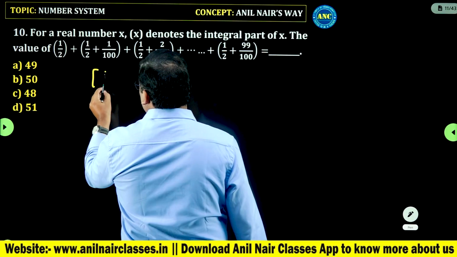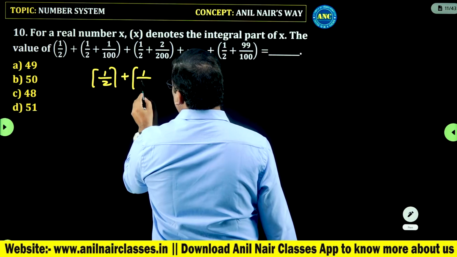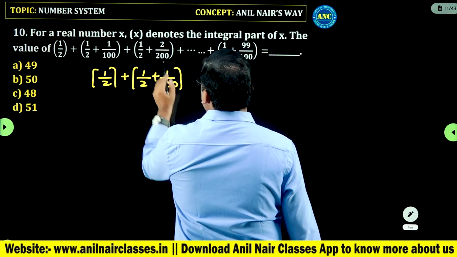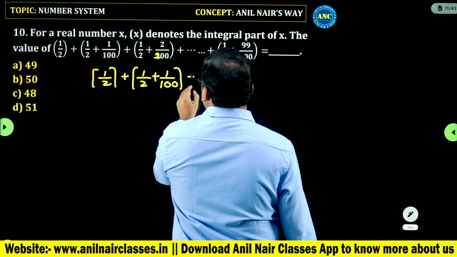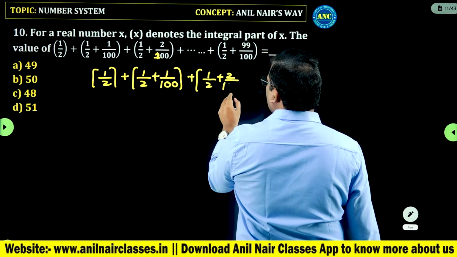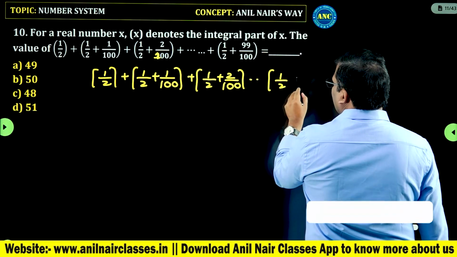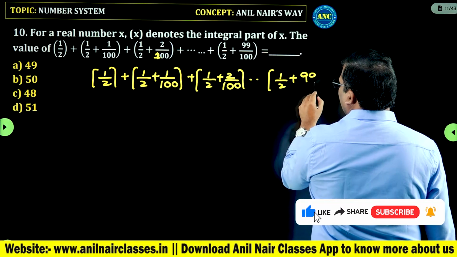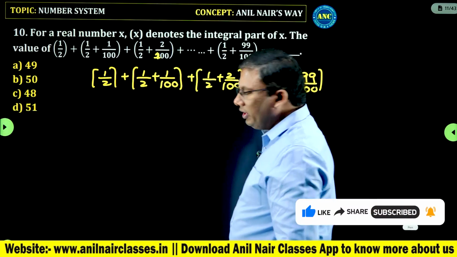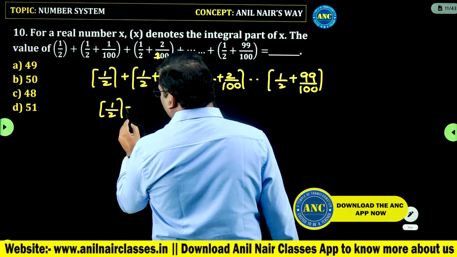Now, if you see, these are 1 by 2 plus 1 by 100, 1 by 2 plus 2 by 100, and so on up to 1 by 2 plus 99 by 100. If you observe carefully, 1 by 2 is 50 percent.